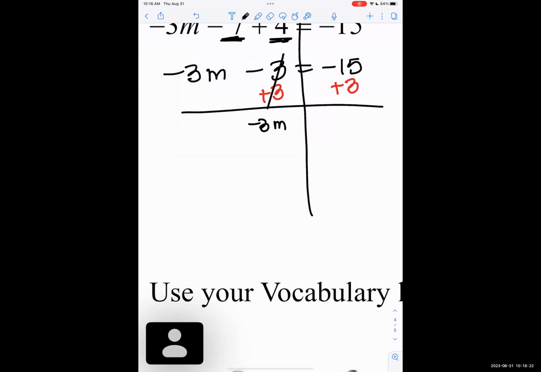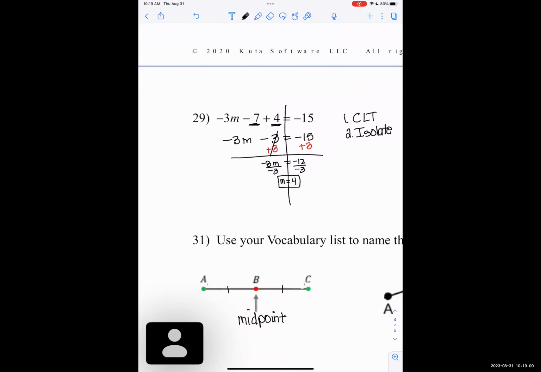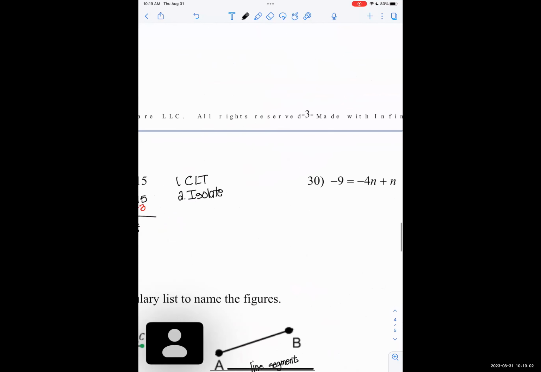Negative 3m is equal to negative 12. Last step, divide. m is equal to 4. So combine like terms, isolate.